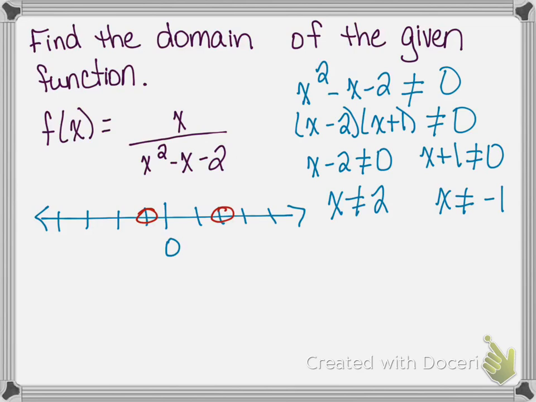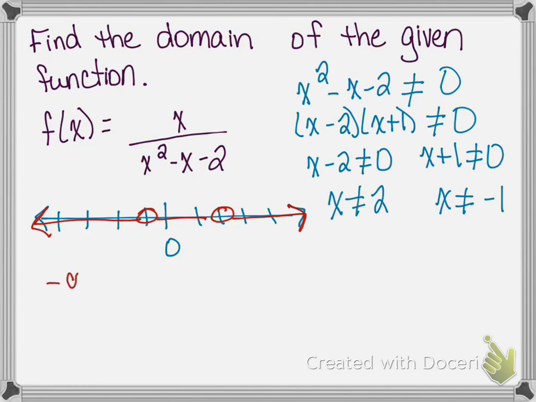Now, can x be anything down here? Yes. Can x be anything up here? And you guys do great at that. You almost always identify those two. However, can x be any of these? Yes. That's where students forget.